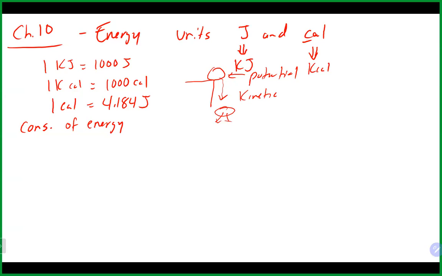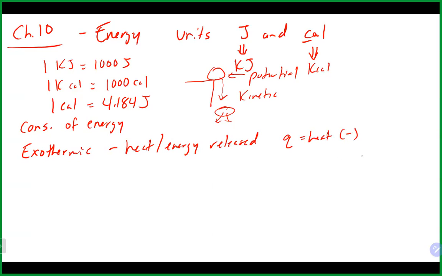And really, when we talk about energy, there are two important types of reactions that we talked about. The first is exothermic, which means heat and energy is released. There are two ways that we will see these: Q, which is heat, and that typically is a negative value, and delta H, which is our enthalpy, is a negative value as well.